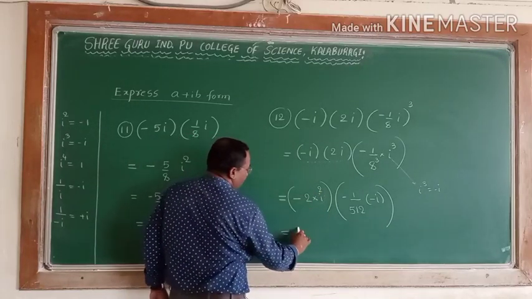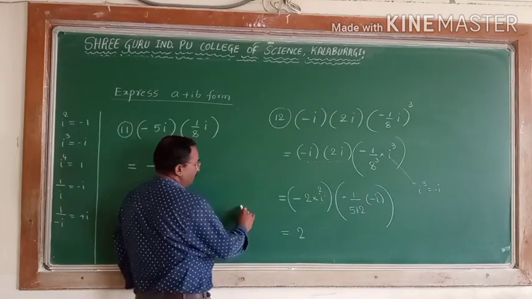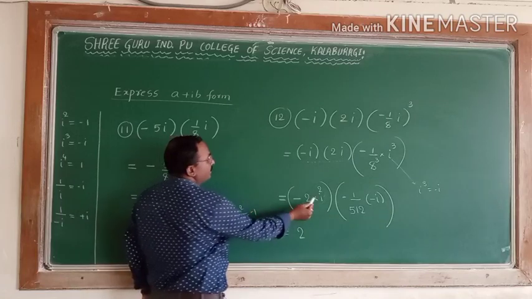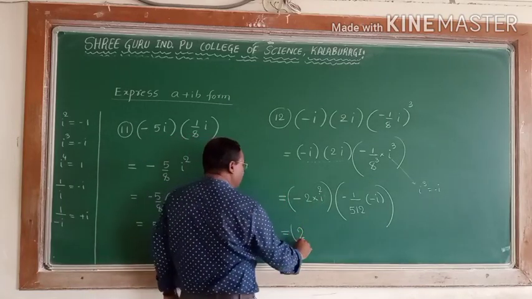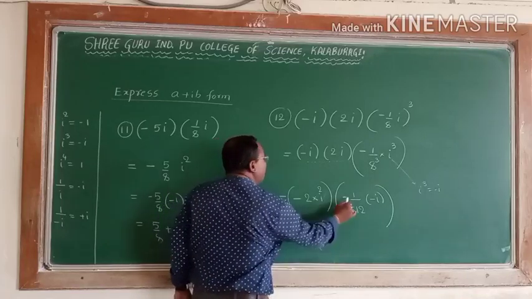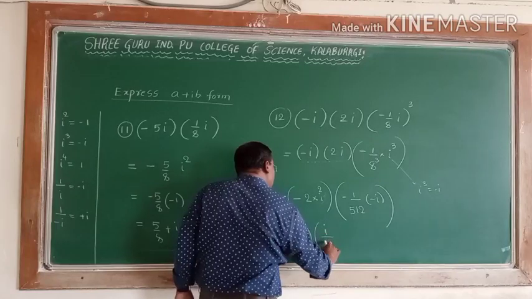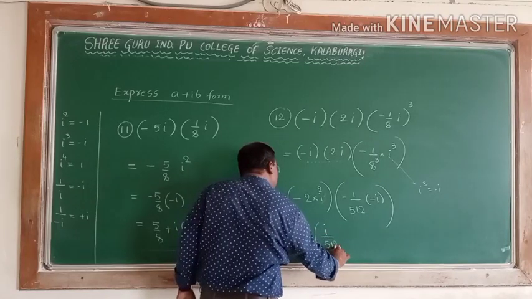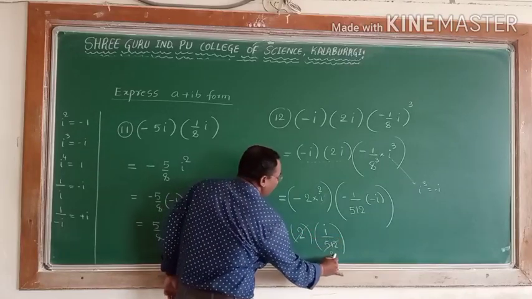Minus minus plus, because i square value is minus 1. This is 2 into minus minus plus, i by 1 into i over 512. 2 ones are 256.